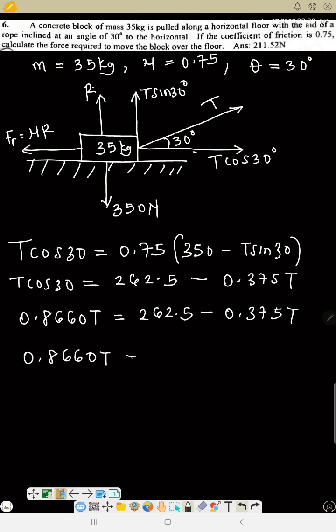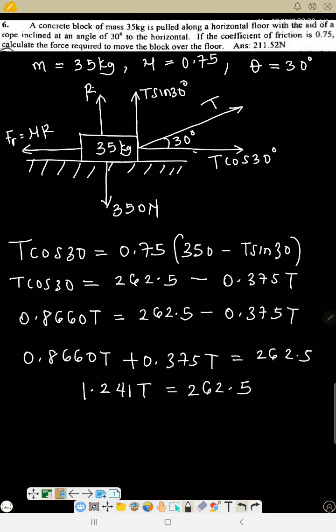0.8660T is equal to, so move this one, that will be plus 0.375T, everything is 262.5. So add now 0.8660 plus 0.375, that is 1.241T equals 262.5.